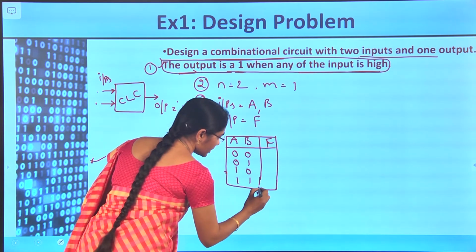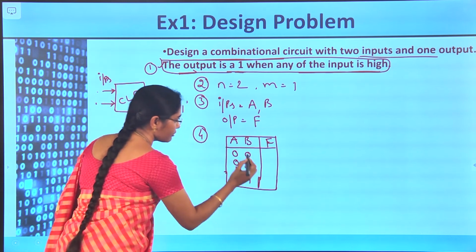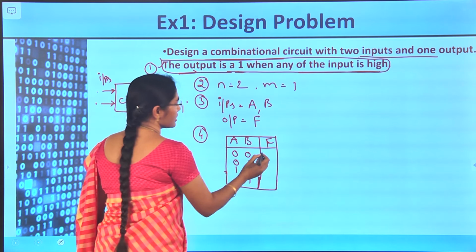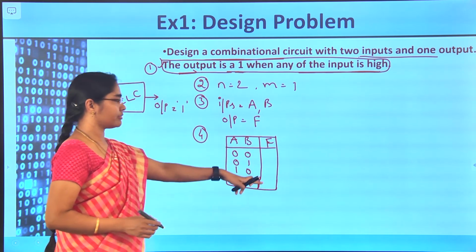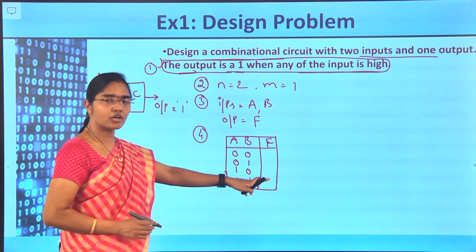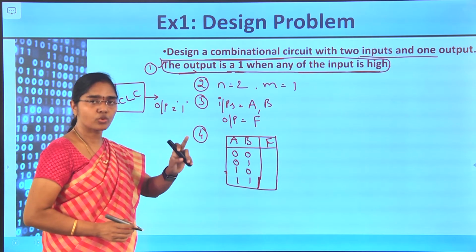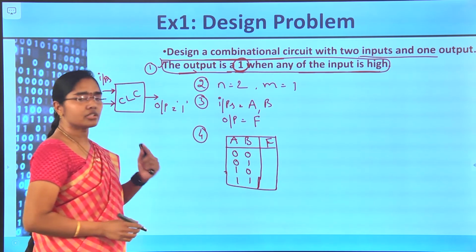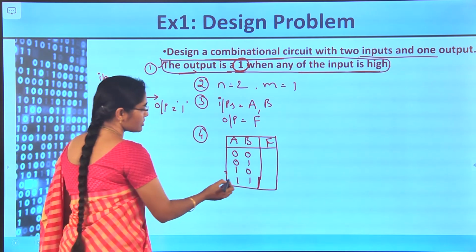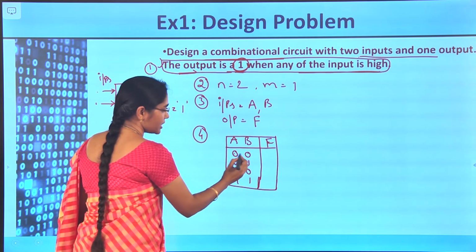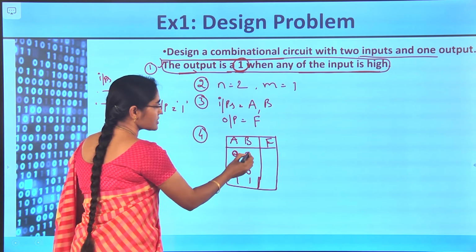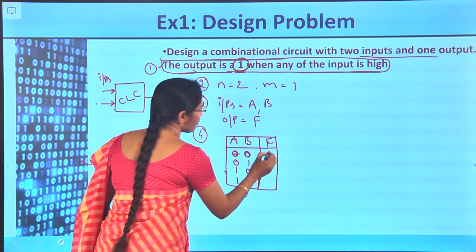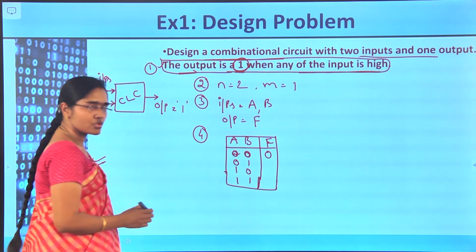Therefore, write all the possible combinations of inputs, that is 0 0 to 1 1. Then what is the output F? Now, carefully write the output F value. As per the statement, F is 1 when any one of the inputs is high. So, for the first combination 0 0, both are zeros. No input is high. Therefore, output is 0.